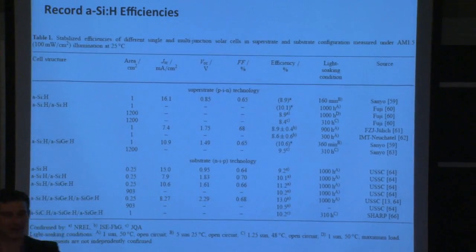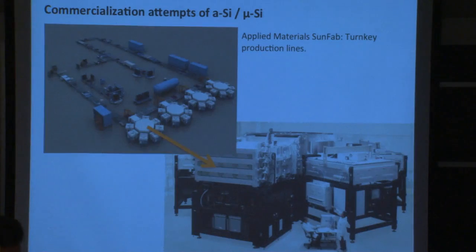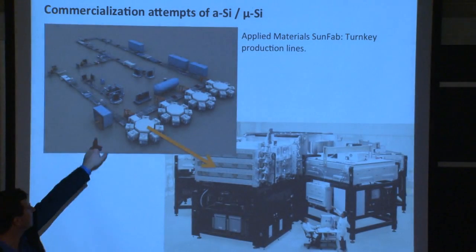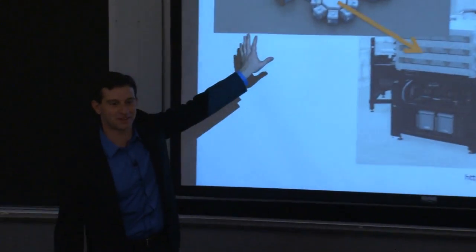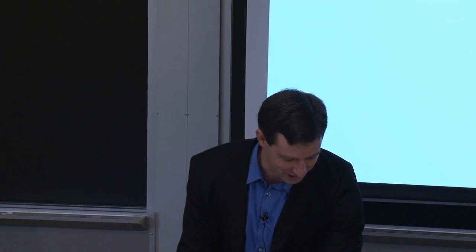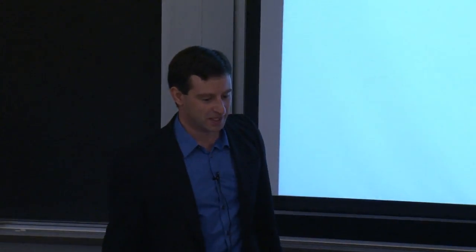So if someone were to figure out why exactly hole mobility is so low, impairing transport inside of these materials, in principle, one could then envision rolling it out into the SunFab line. There's already a turnkey production equipment that's been built by Applied Materials, ready to go, and you're off and running. So that's an opportunity out there.